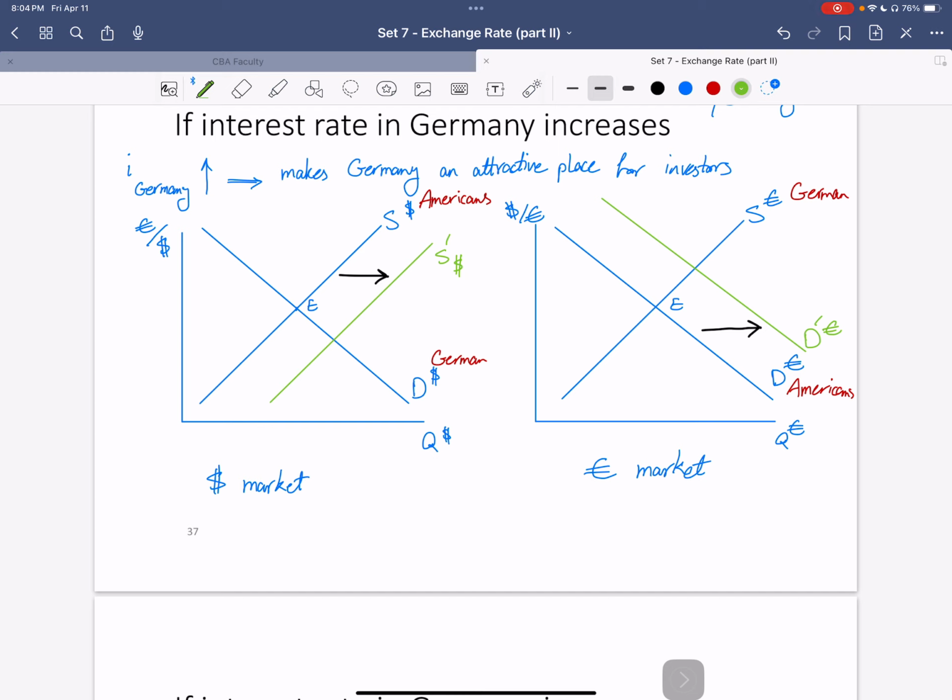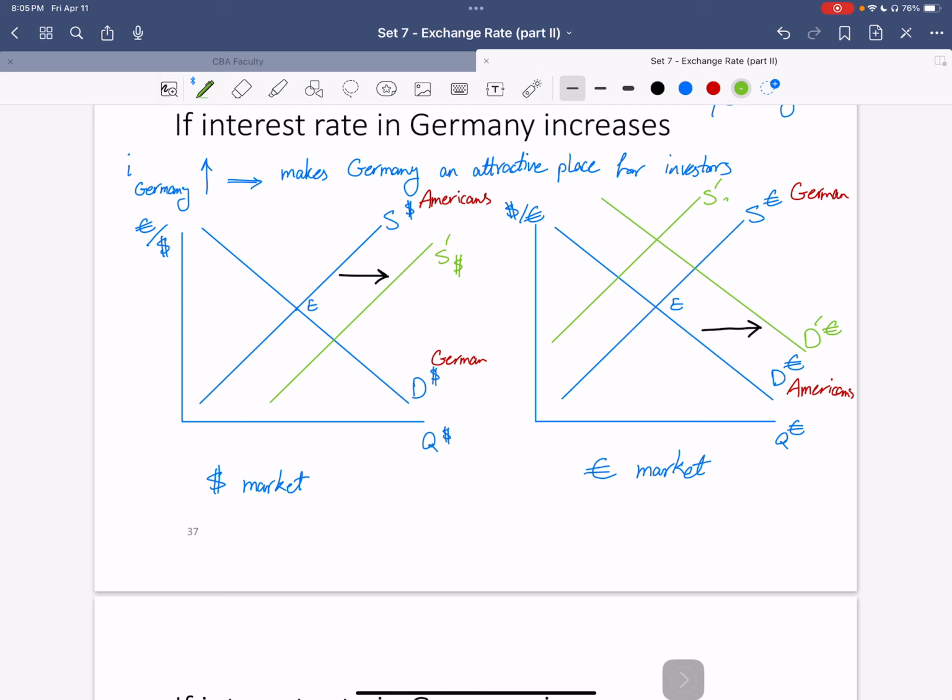On the other hand, we also have the Germans who used to be investing in some other countries. Now that their own country has higher interest rates, they are going to go back to their own country, right? So this time, the Germans are going to reduce the supply of euro in the market because they are going back to their own countries.